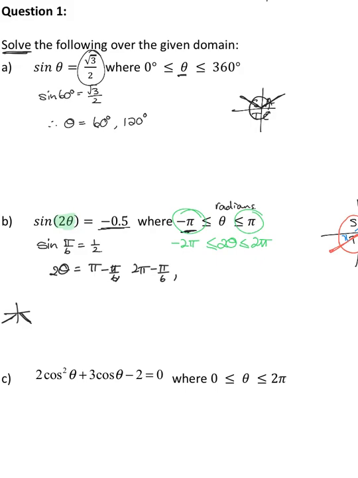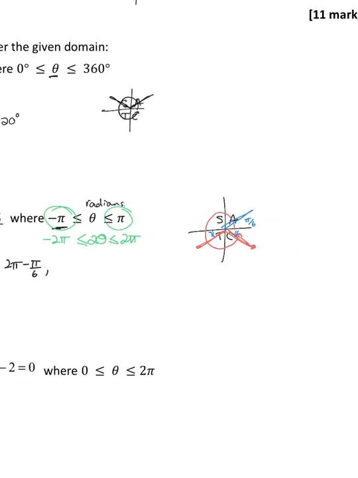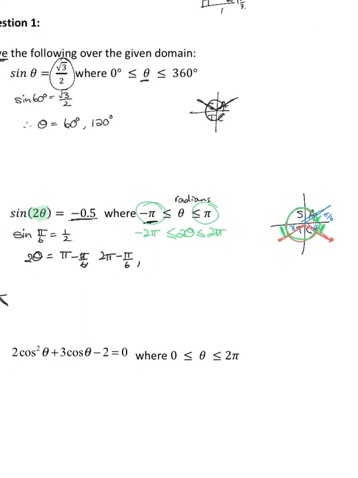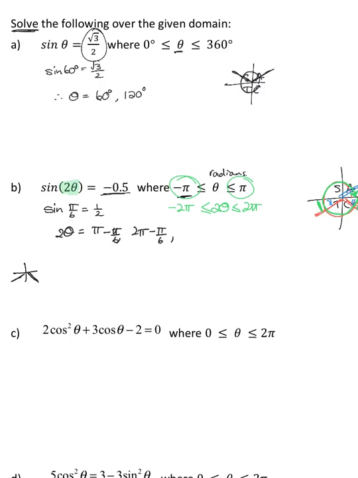Now we need to go and do the ones in the negative direction. So these ones, and we need to go all the way around to minus 2 pi. So we've got this one and this one. So we know that it is minus pi over 6 and minus 5 pi over 6.